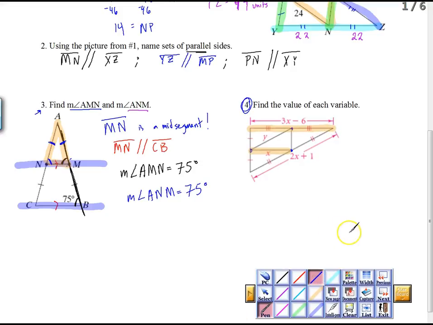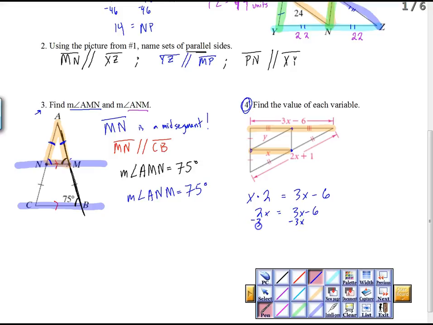I can either say this is half of this, or I can reverse my relationship and say if I double this, that should equal this side length. So I'm going to take my midsegment of x and double it and set that equal to my 3x minus 6. So 2x equals 3x minus 6.